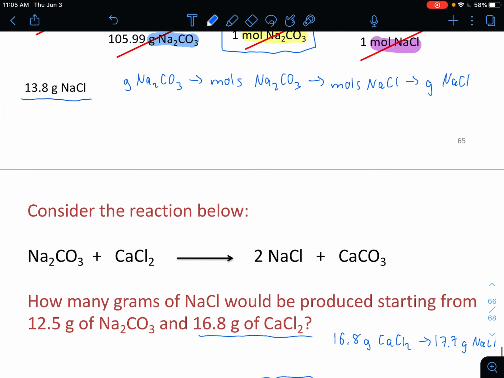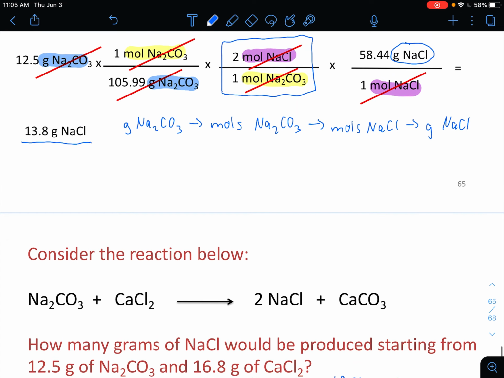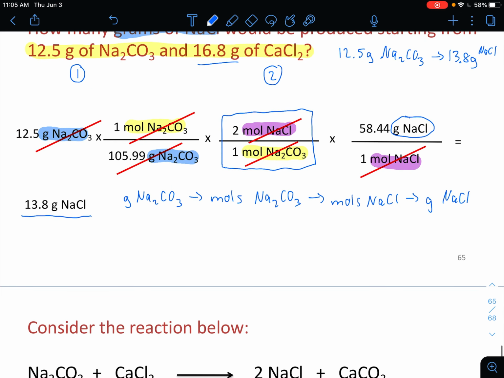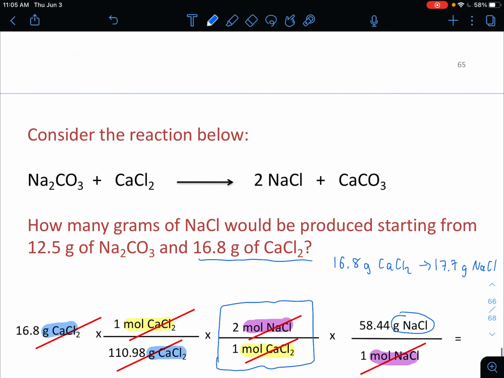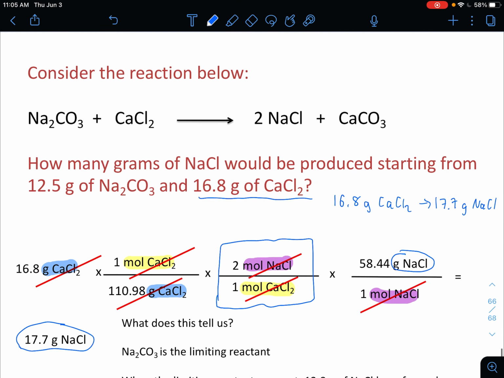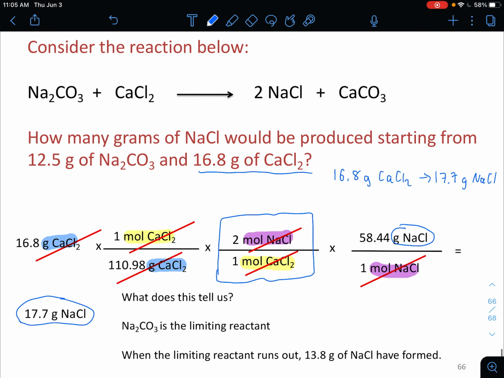So the previous number was the smaller number, right? 13.8 grams came from the sodium carbonate versus 17.7 from the calcium chloride. So I don't add these together, right? This was just a quick way to evaluate the amount I would get from either initial reactant amount, and whichever one of those values is smaller, that's going to be my answer to the problem.